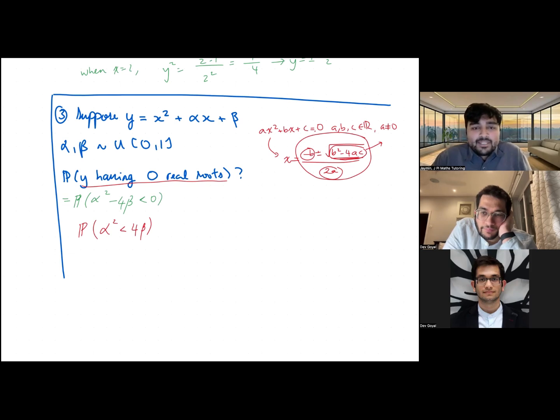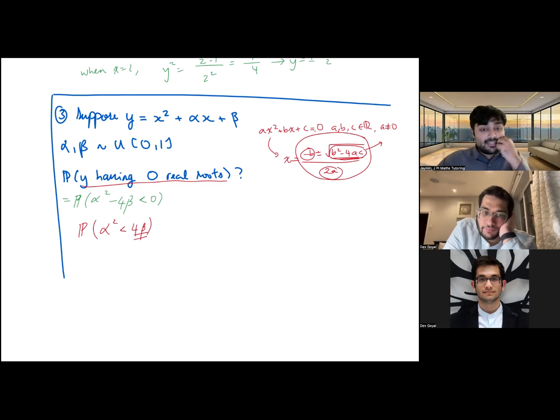I do notice that if beta is bigger than 0.25, 4 beta here will be bigger than 1, and the probability alpha squared is less than 4 beta, provided beta is bigger than 0.25, is guaranteed to be 1. And you may ask, what's the probability beta is bigger than 0.25? Well, that's a 3/4 chance.